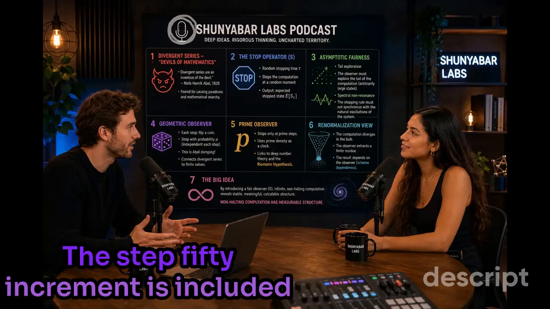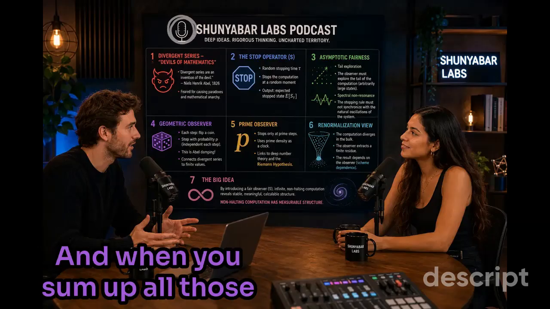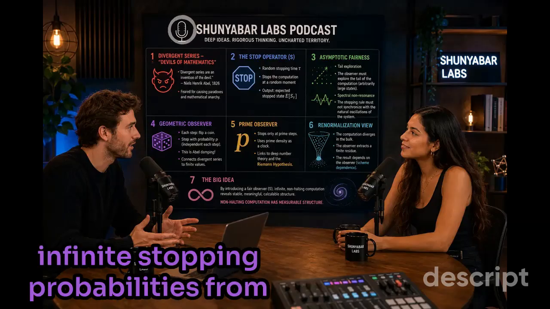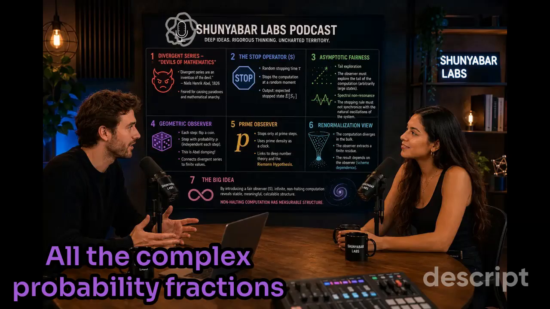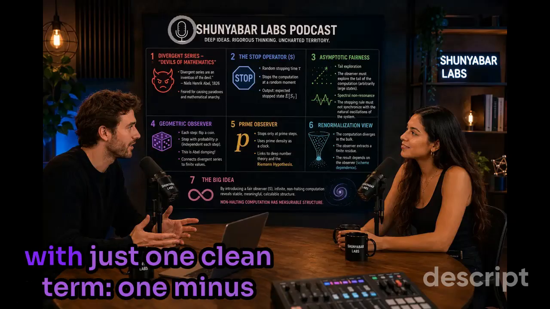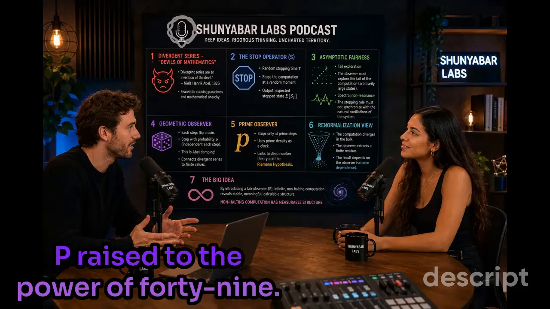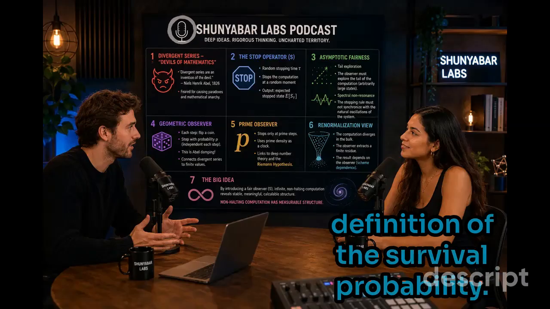The step 50 increment is included in every single outcome where the program survives up to step 50. And when you sum up all those infinite stopping probabilities from step 50 onward, the math collapses beautifully. All the complex probability fractions cancel each other out, and you are left with just one clean term, (1 minus P) raised to the power of 49. Which is the exact mathematical definition of the survival probability.